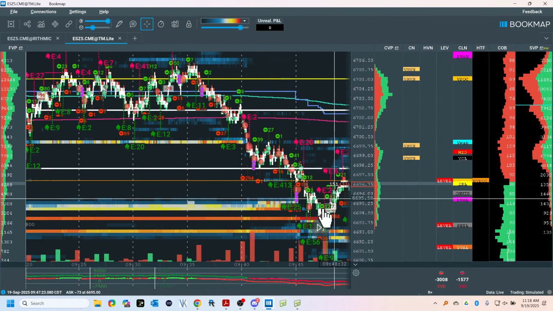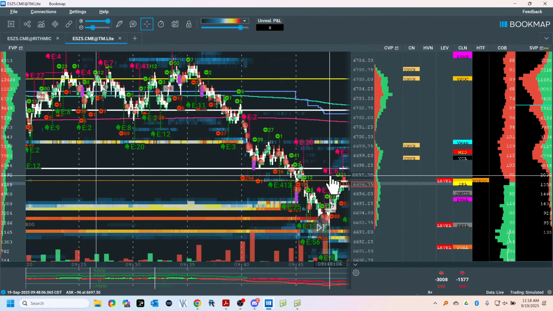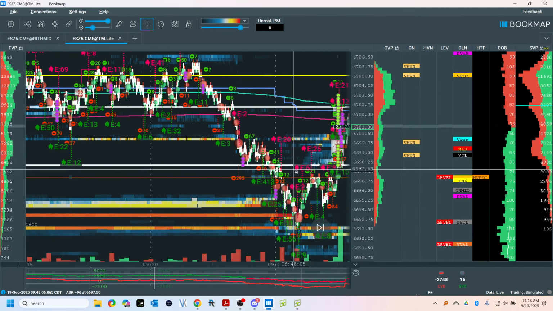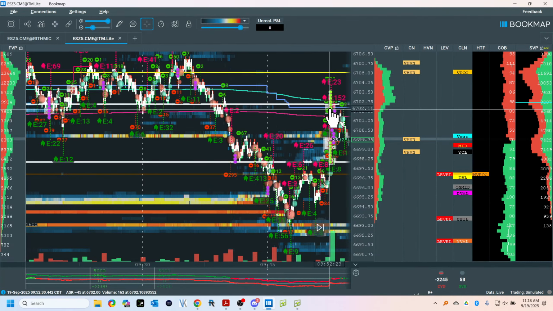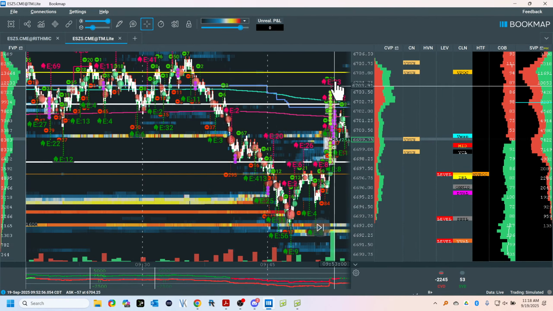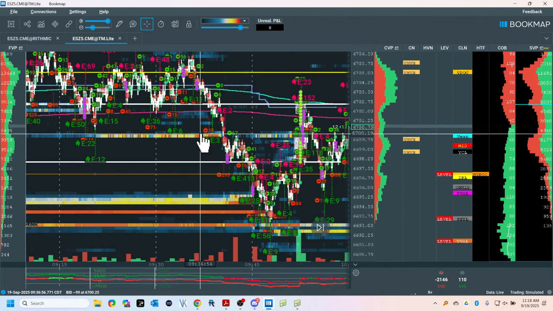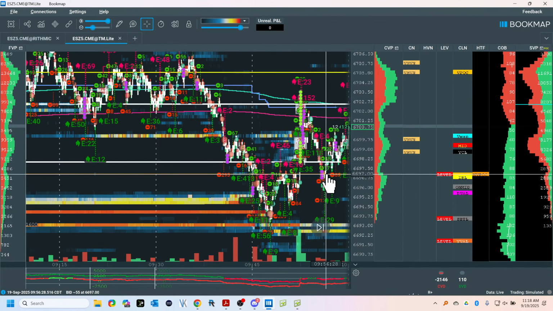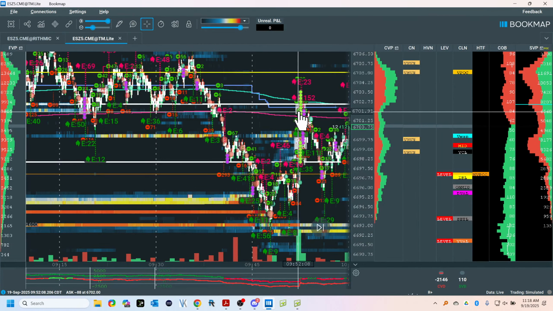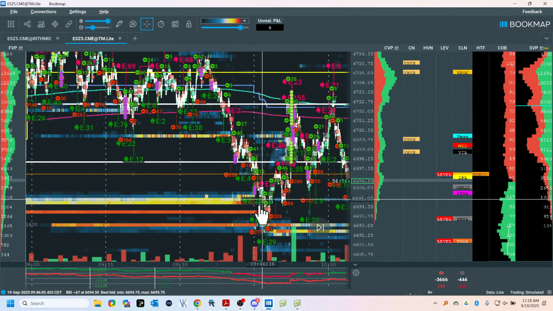Now I got long out here, but the structured trade is to go long here. So I got long, I got scaled, and my order was sitting here, and then the idea was to come across the range. Pull back here. Another potential long entry, same obstacle. Scale. So you had two shots at this.